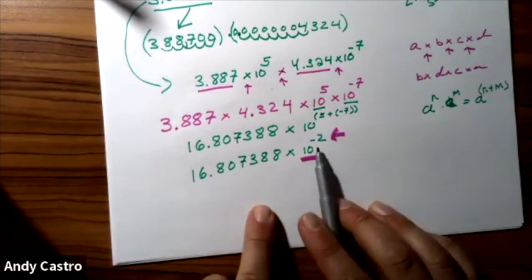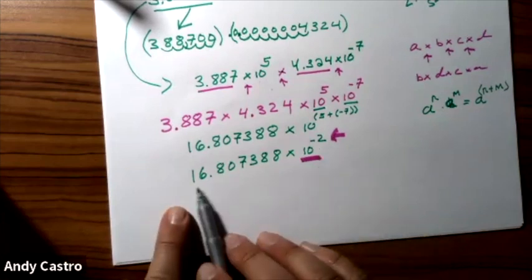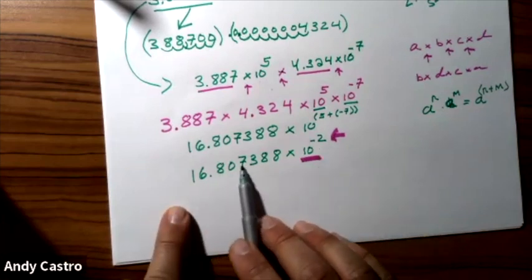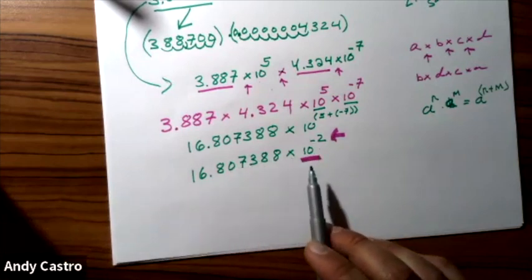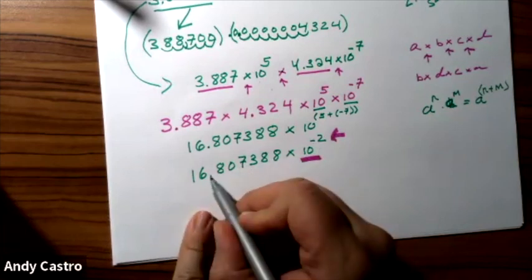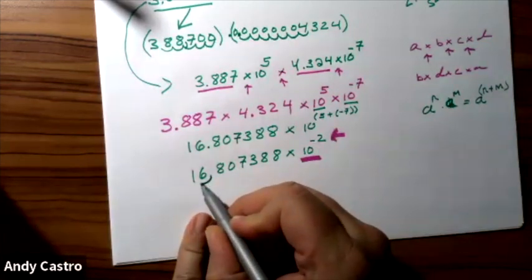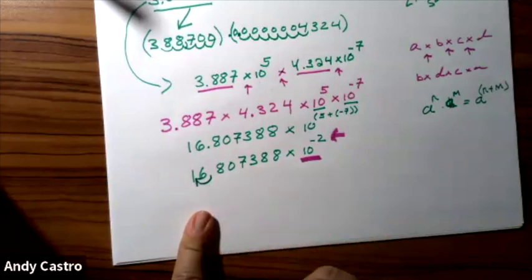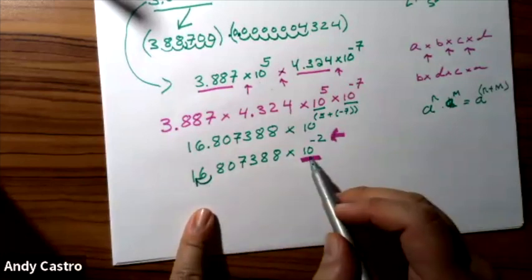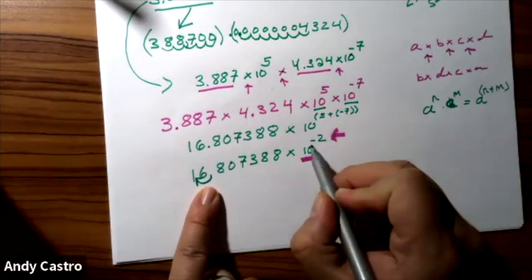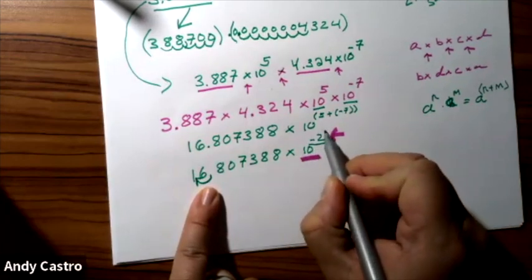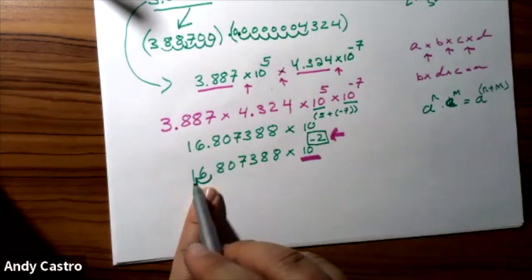So right now, 16.80738 times 10 to the -2 is our number. So I'm going to move this decimal place 1 to the left. Now, this number, if I were to convert it into an actual number, says to move it 2 to the left.